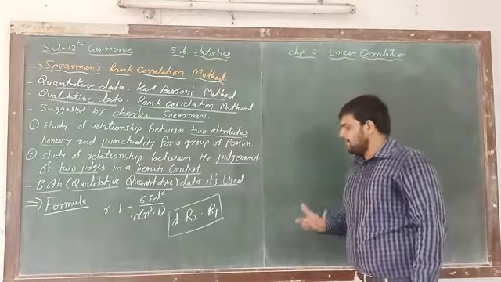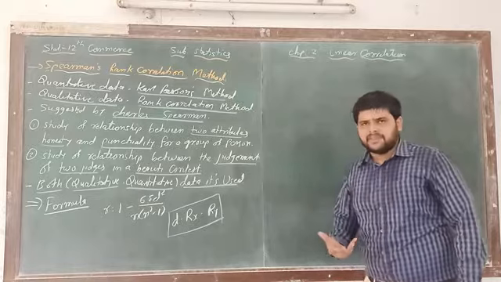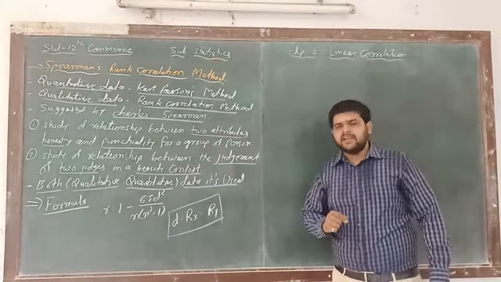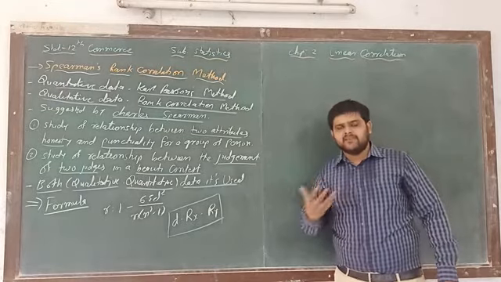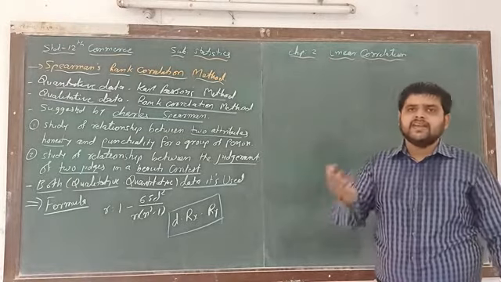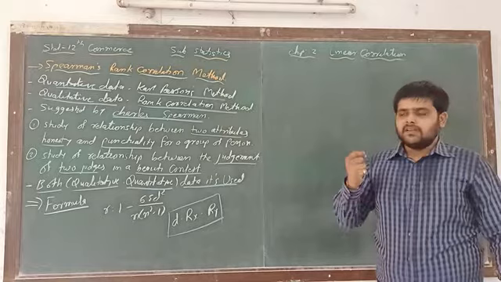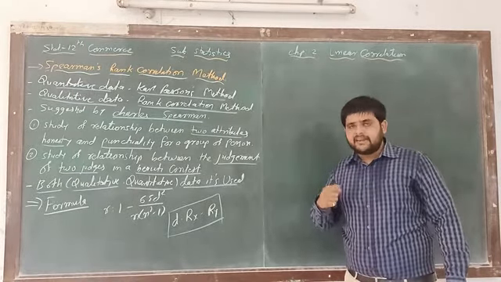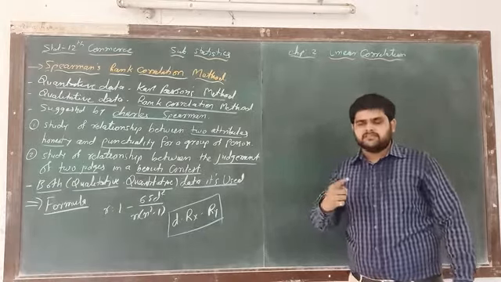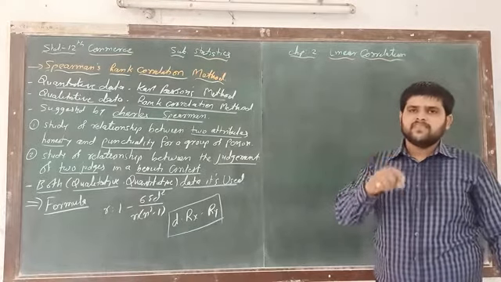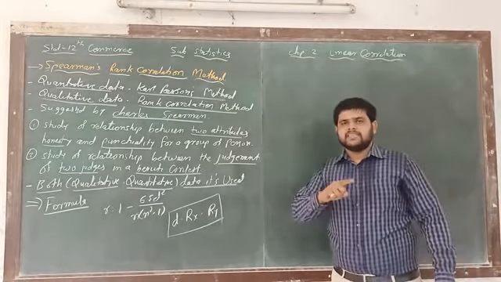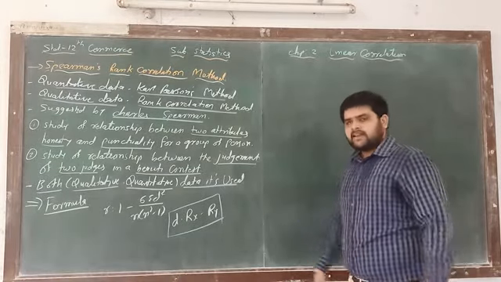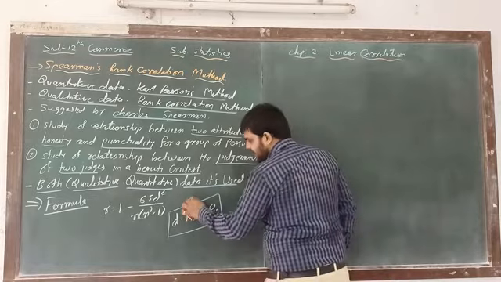So how can we find the rank correlation? First of all, whatever information is given, we convert that information into ascending or descending order. Normally we convert into descending order. Whatever the biggest amount is, we give rank number 1, then second, third, and so on. There are two variables, x and y.